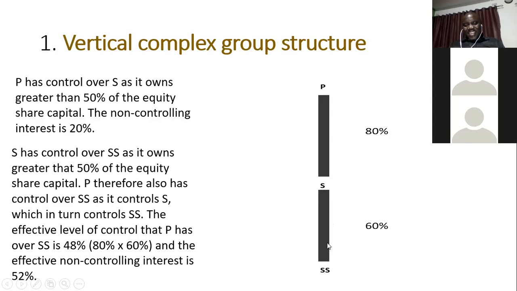So from S to SS, the parent company doesn't have 60% of the interest. The parent company has 80% of the 60%, which is 8 times 6, 48. So it has 48% effective control. I think P has control over S as it owns greater than 50%, and the NCI there is 20%. Here, in the relationship between P and the SS, the NCI is actually going to be 52%.